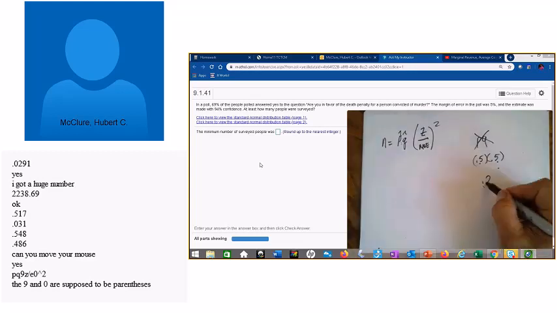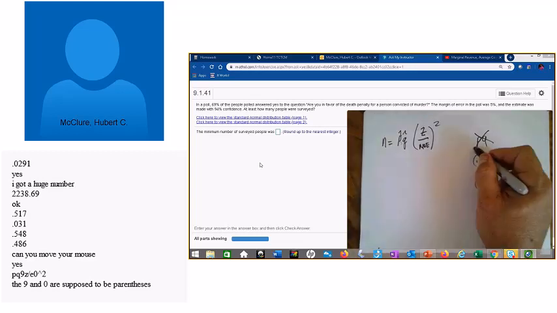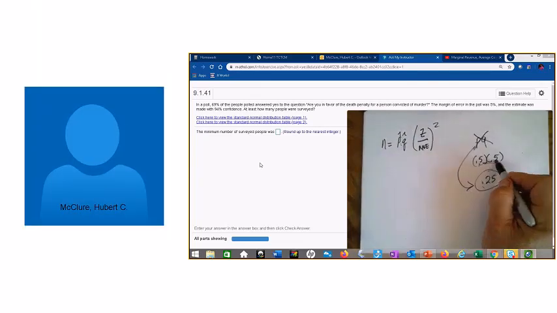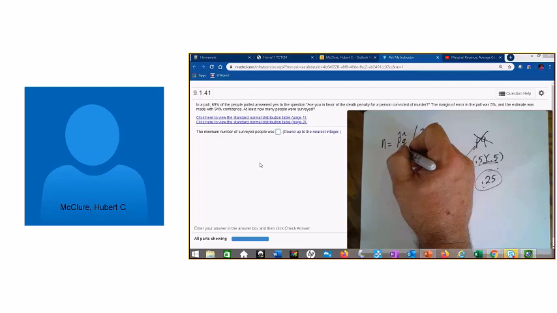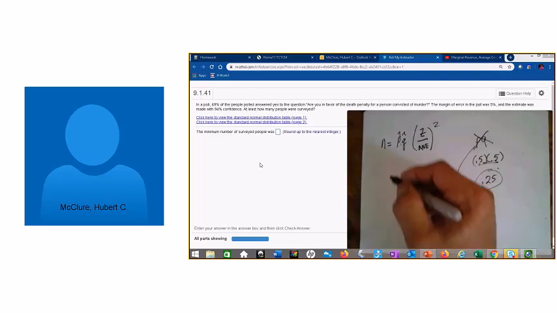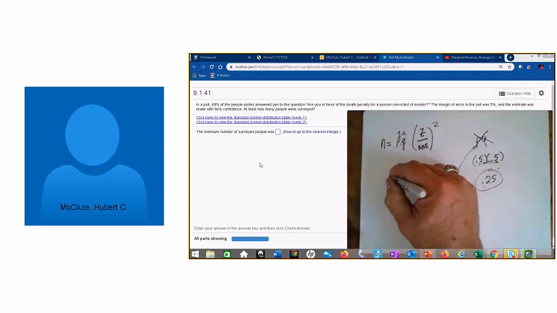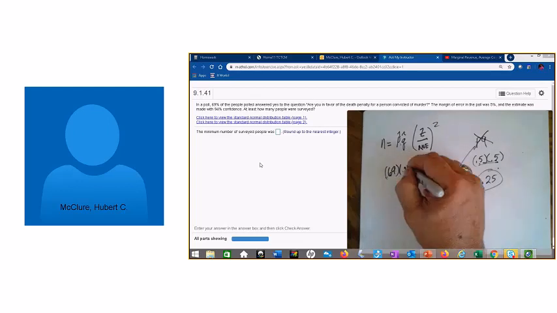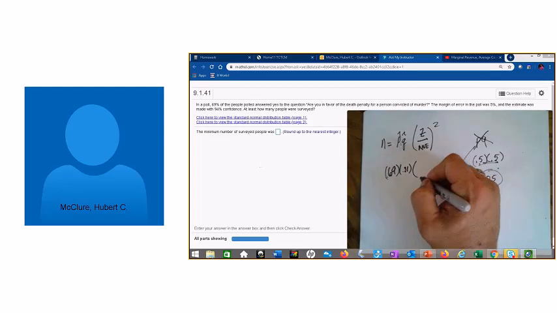That's what goes there, and that would be 0.25. If they don't give you p and q, you just use 0.5 and 0.5, which goes to 0.25. So anyway, p is 0.69, therefore q is 0.31. I'm going to let y'all crank this out.